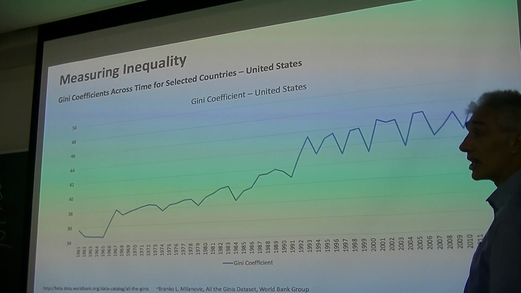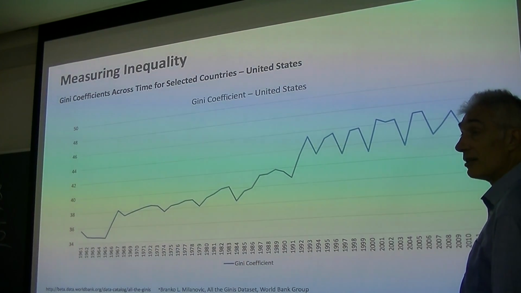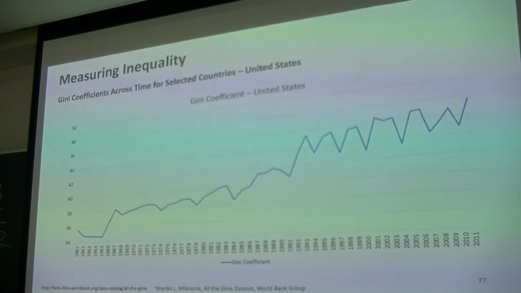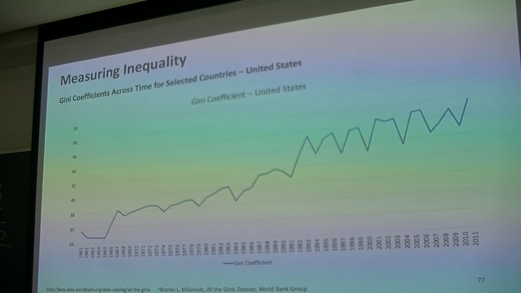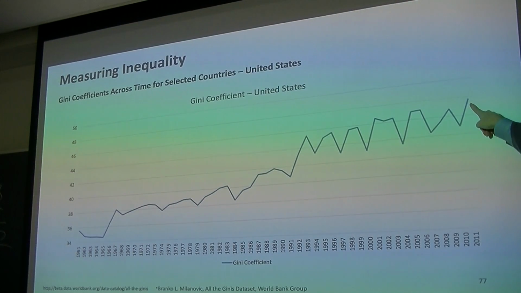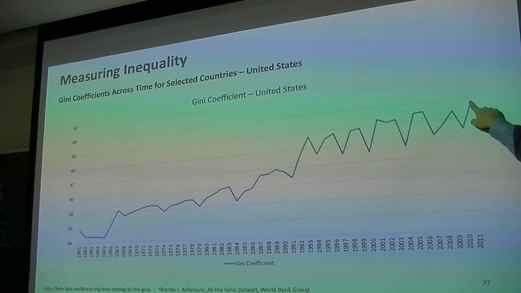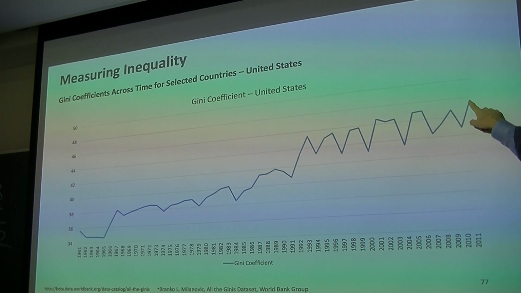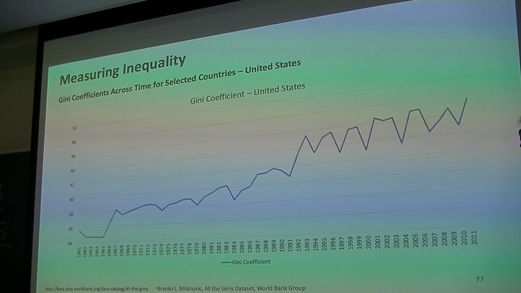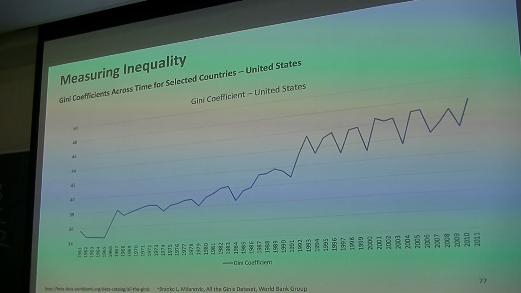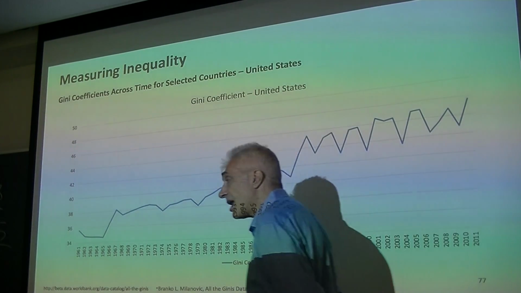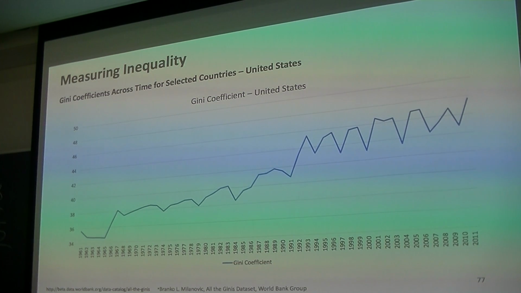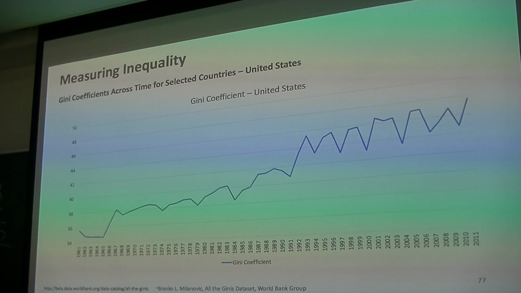By 2011, it's almost 48. That's fairly large income disparity. This is pretty close to Mexico. Mexico is in the low 50s. Many Latin American countries are in the 50s, and Latin American countries have historically had a lot of social unrest and big income disparity.